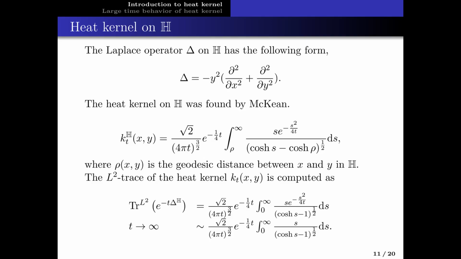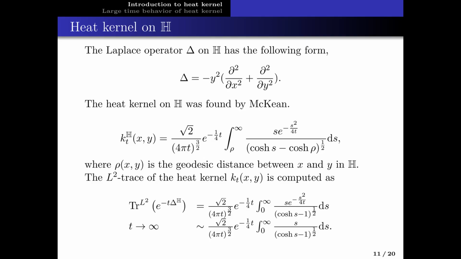Okay, so what that means is we are looking at this function restricted to the diagonal of the upper half space. We're looking at rho to be 0. So now you see that this function is actually integrable. So what do we have?